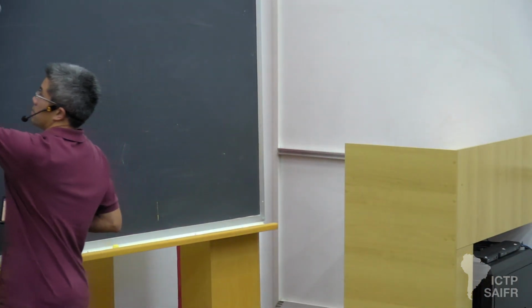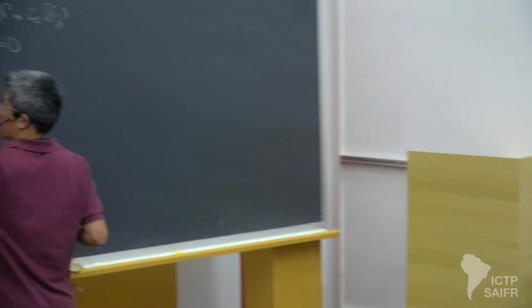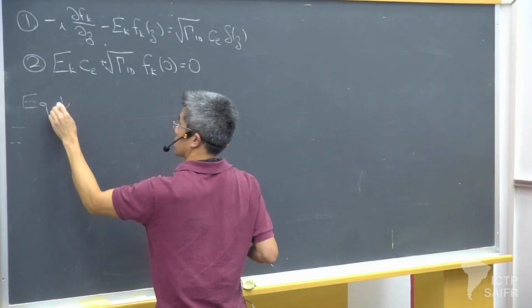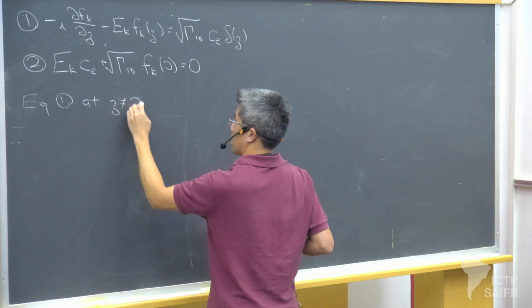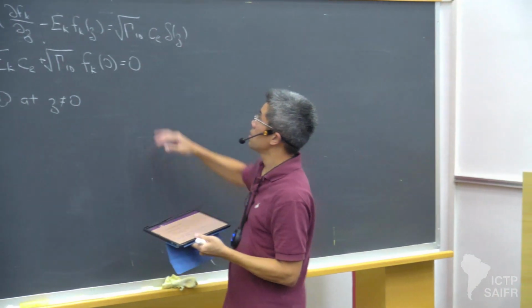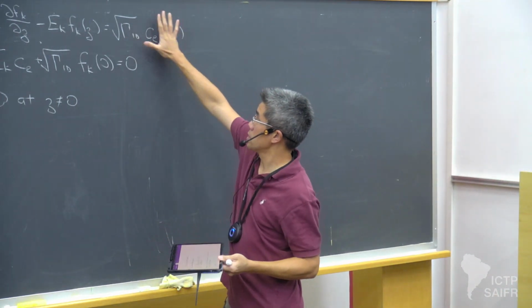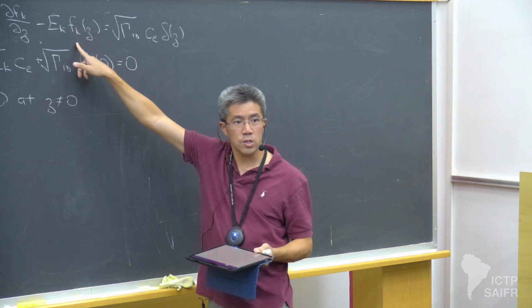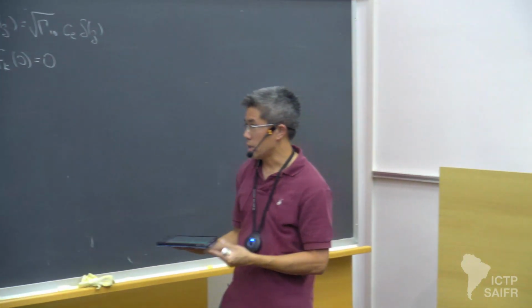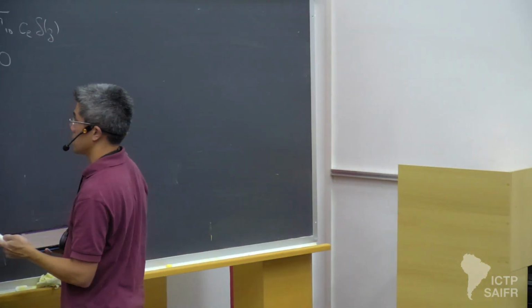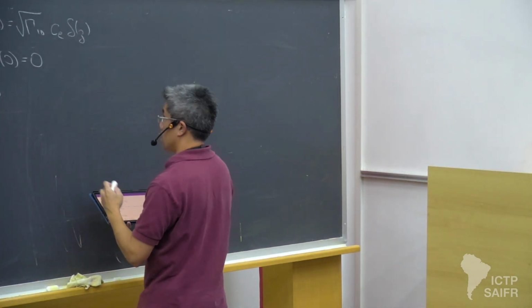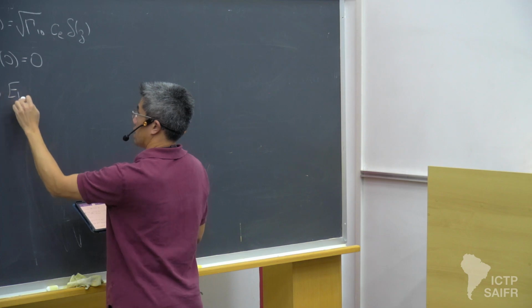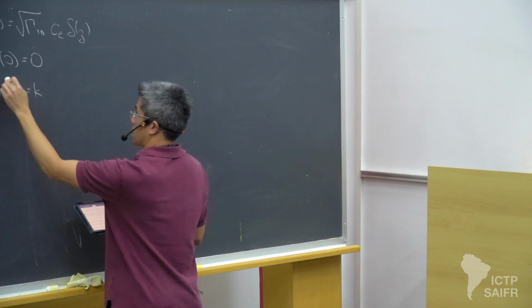Okay, so if we look at equation 1 away from the atomic position, then the delta function disappears. We get a pure wave equation, which means that as long as you're not at the atomic position, you must have that E_k is k itself.